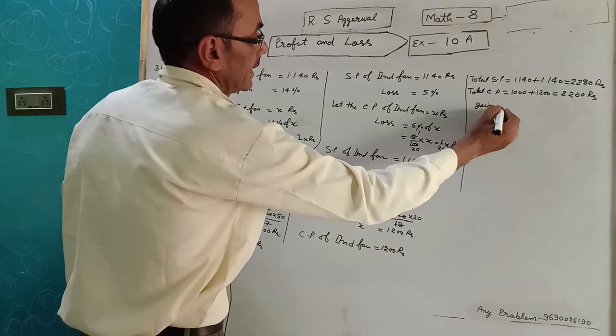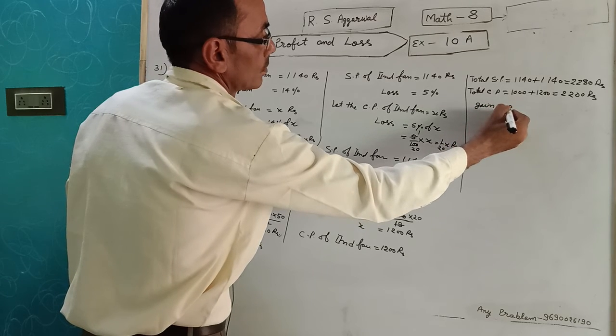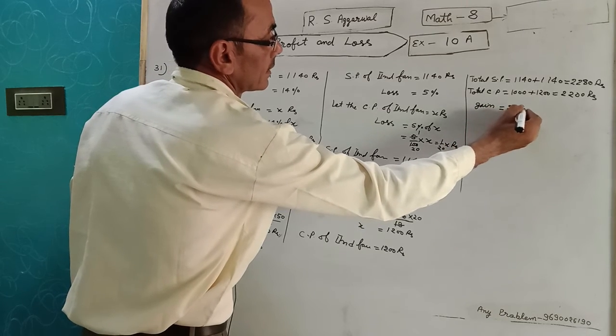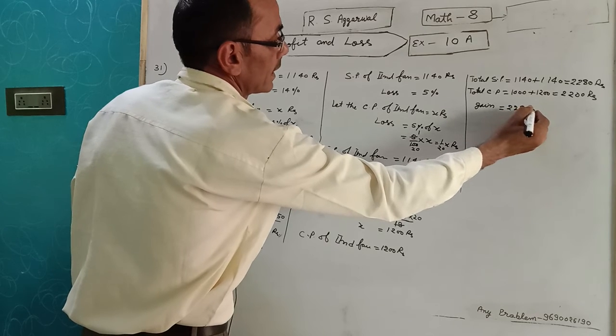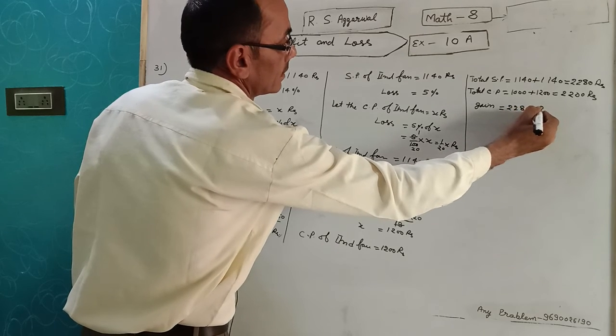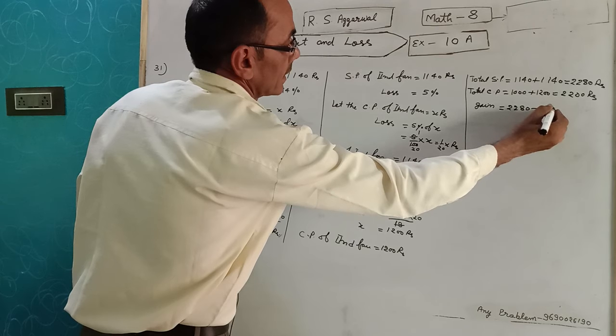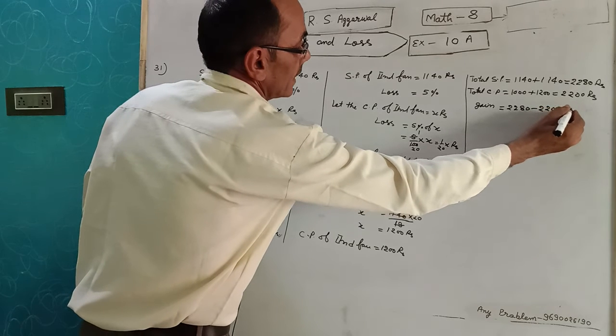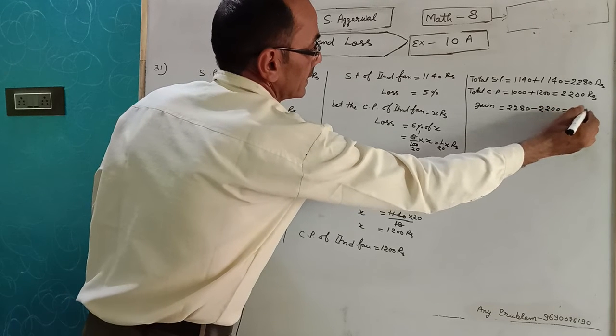He gets the gain. Gain is equal to 2280 minus 2200, after minus is 80 rupees.